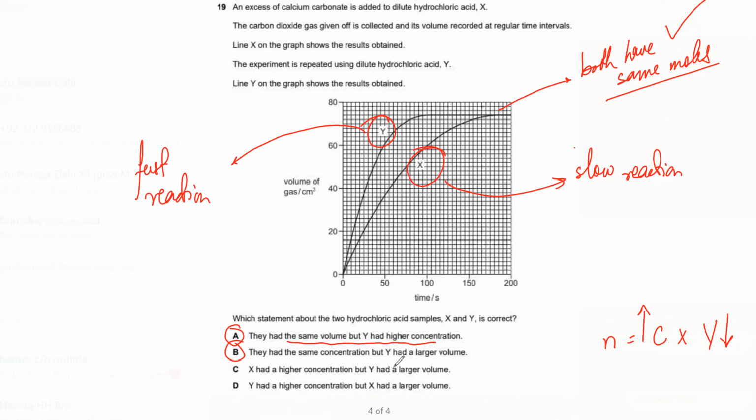Because he's talking about concentration in all options, which one is more concentrated, the faster reaction or the slow reaction? The faster one, so it's going to have more concentration, right? So what will its volume be? Less. And for the slow reaction, if its concentration is lower, what will its volume be? More, so that the same moles come out, right?